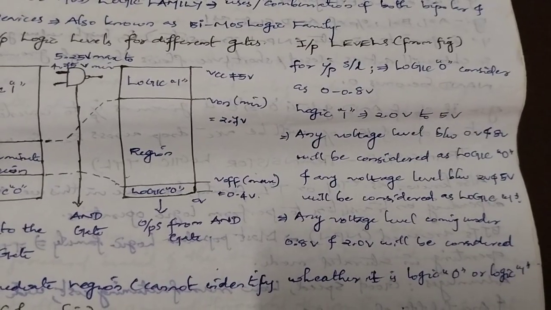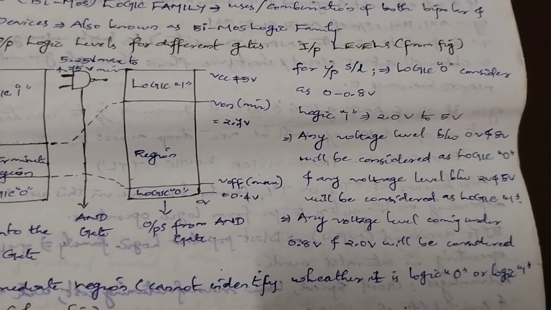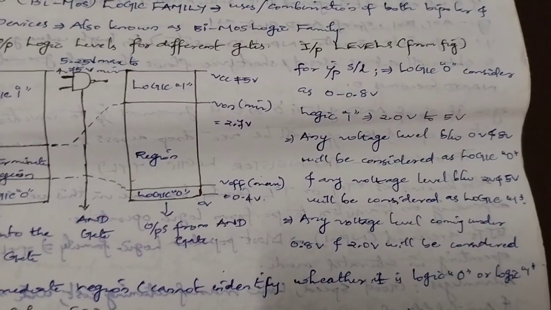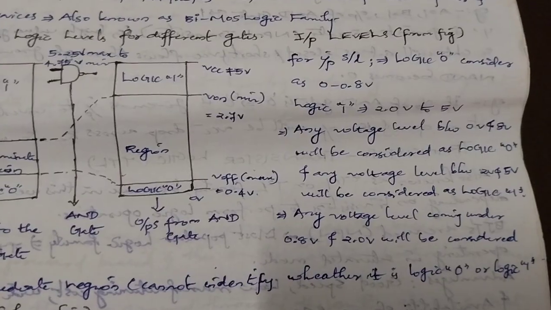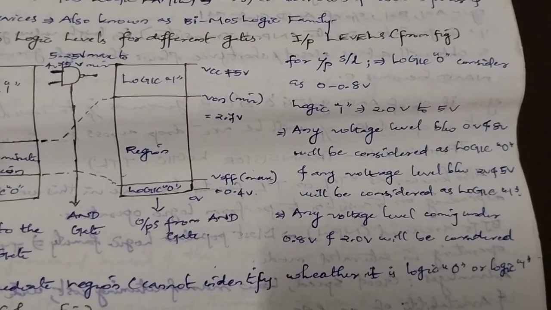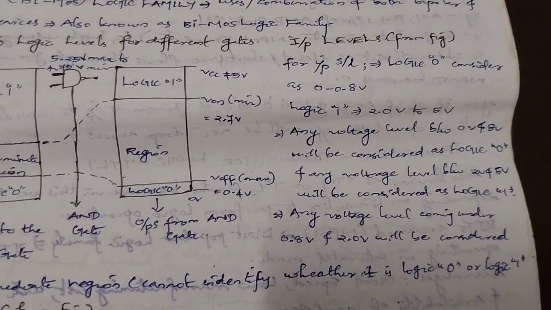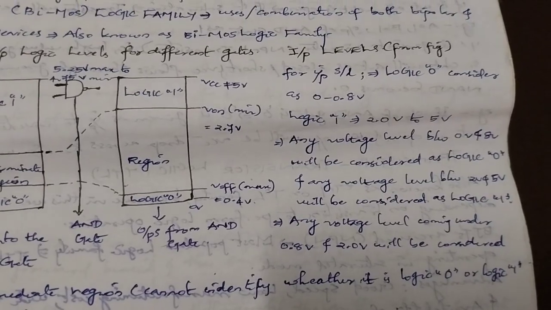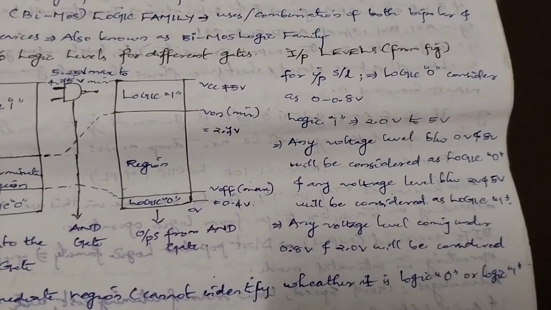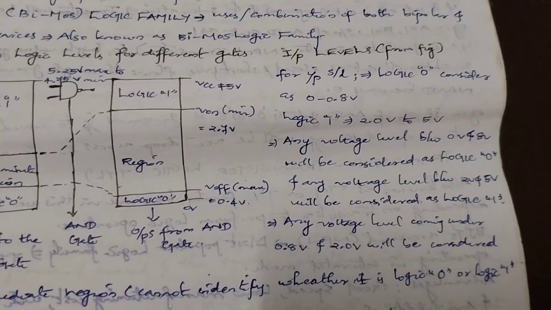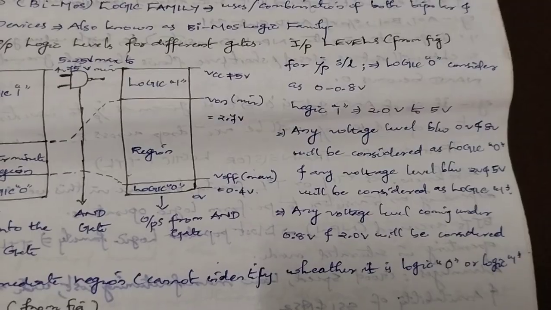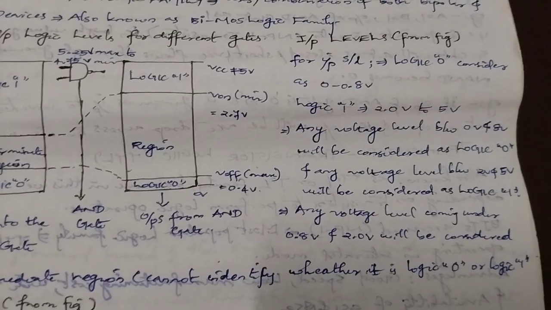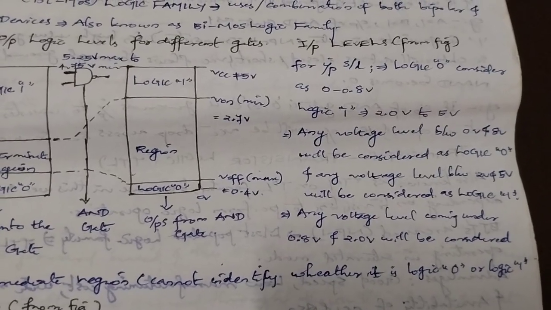Input levels from the figure. For the input signal, logic 0 is considered as 0 to 0.8 volt. Logic 1 is considered as 2 to 5 volt. Any voltage level between 0 and 0.8 volt will be considered as logic 0, and any voltage level between 2 volt and 5 volt will be considered as logic 1.